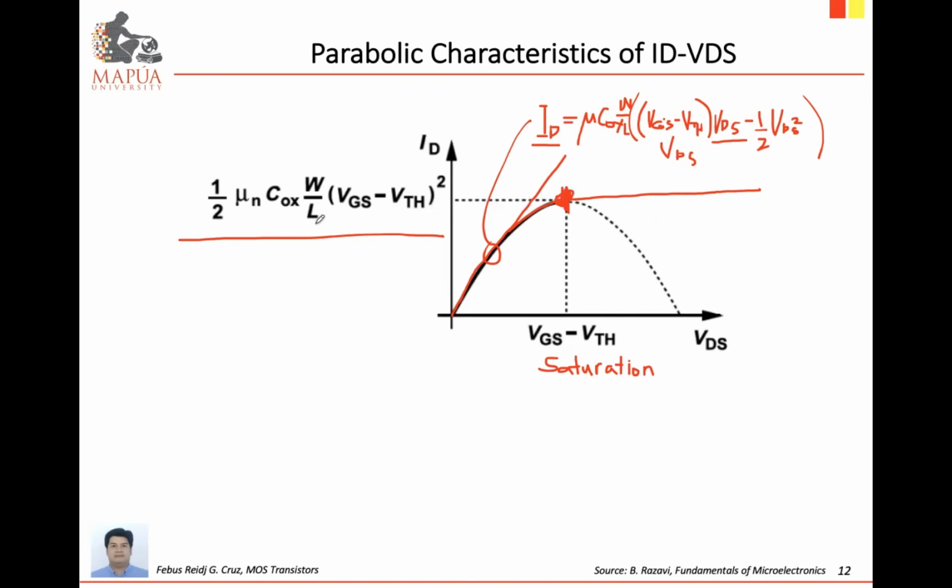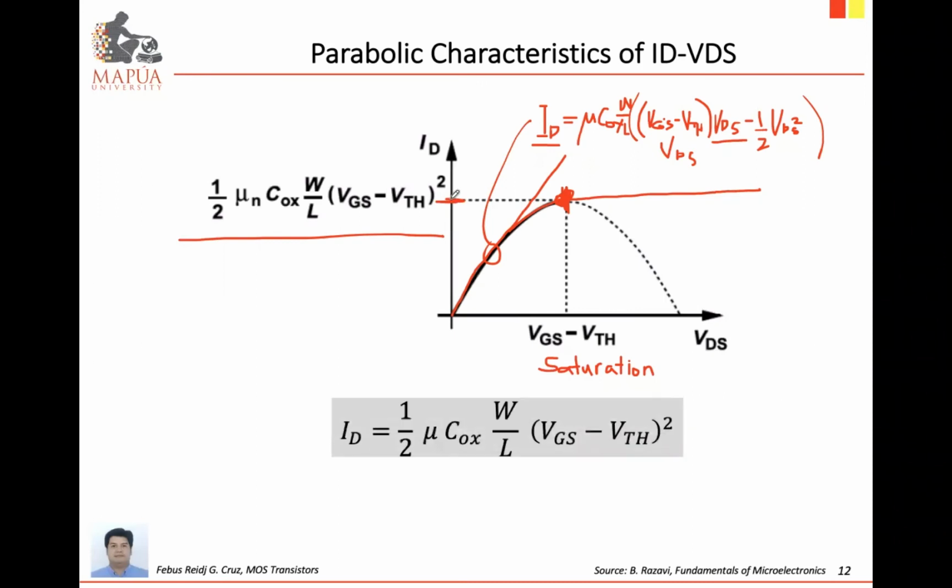And based on this equation, we can see that there is no longer a parameter pertaining to VDS. So even though you increase the VDS, the drain current is expected to become constant. Okay?